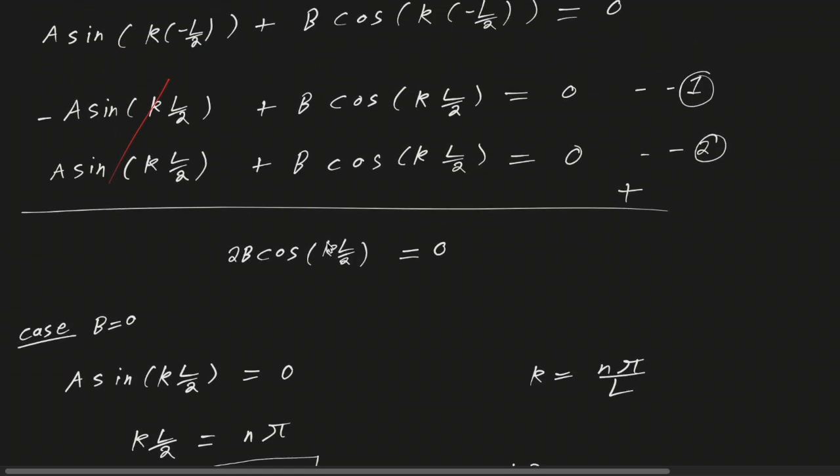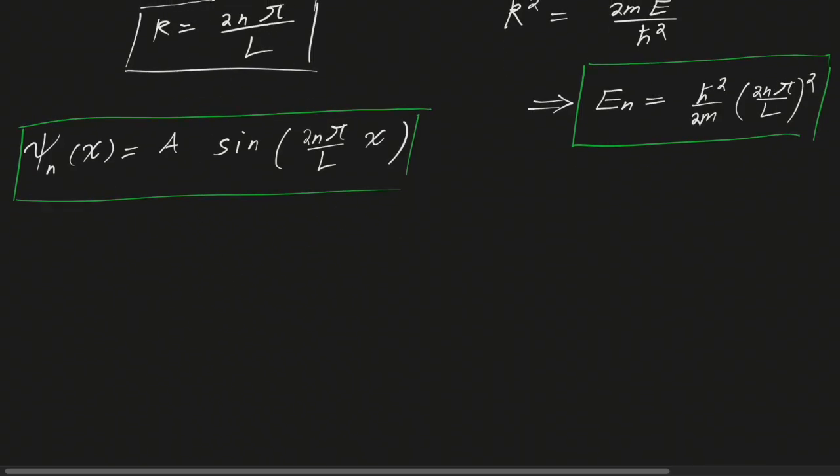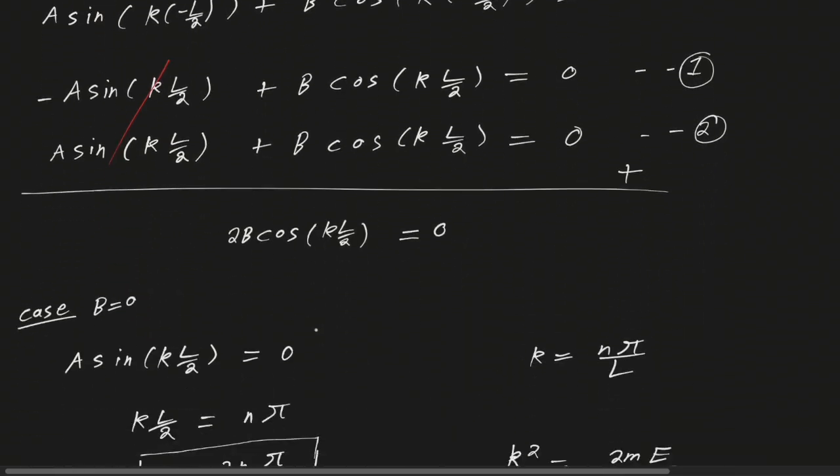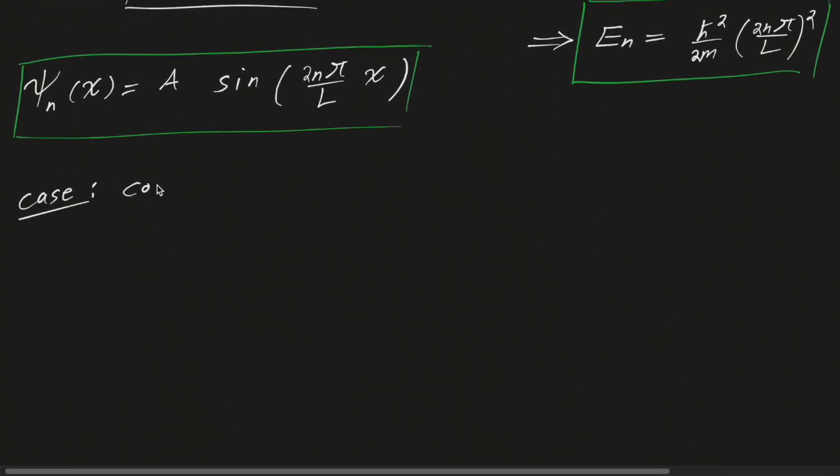Now, what if the cosine instead, so you have the second case of having cosine kL over 2 is equal to 0. Then kL over 2 must be an odd multiple of pi over 2, because remember the cosine is 0 if it's 90 degrees or 270 degrees and so on.